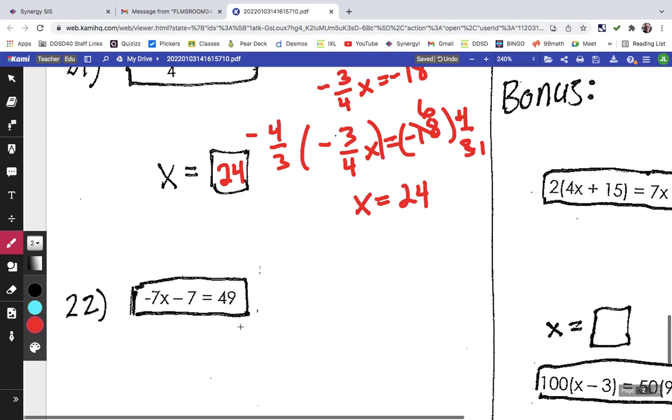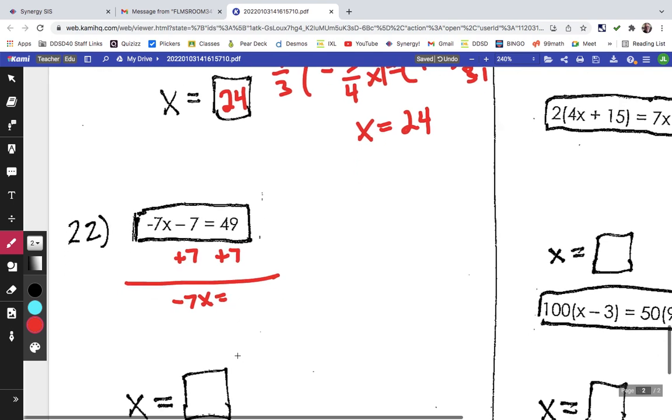Problem number 22. I think I can do it right here. I'm going to add 7 to both sides to keep it balanced. -7x is equal to 56. I'm going to divide by -7. So x is equal to -8.